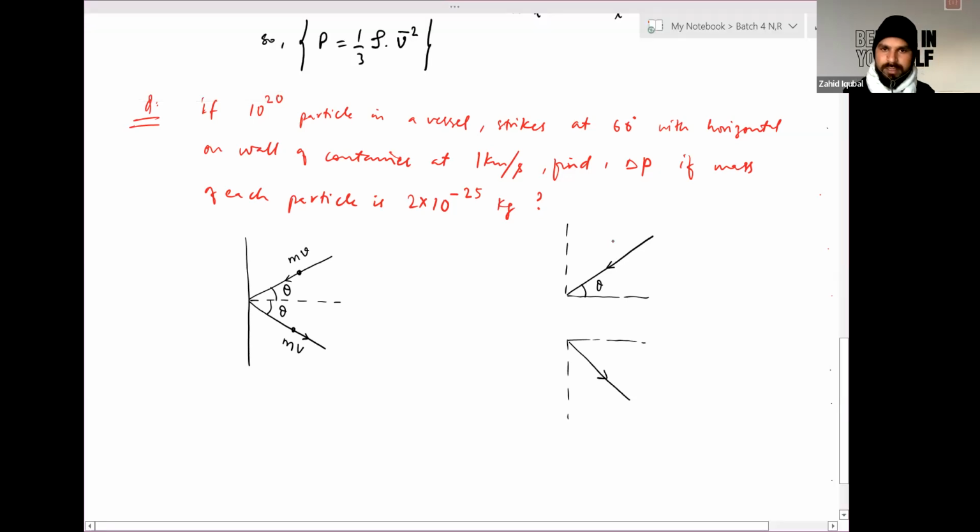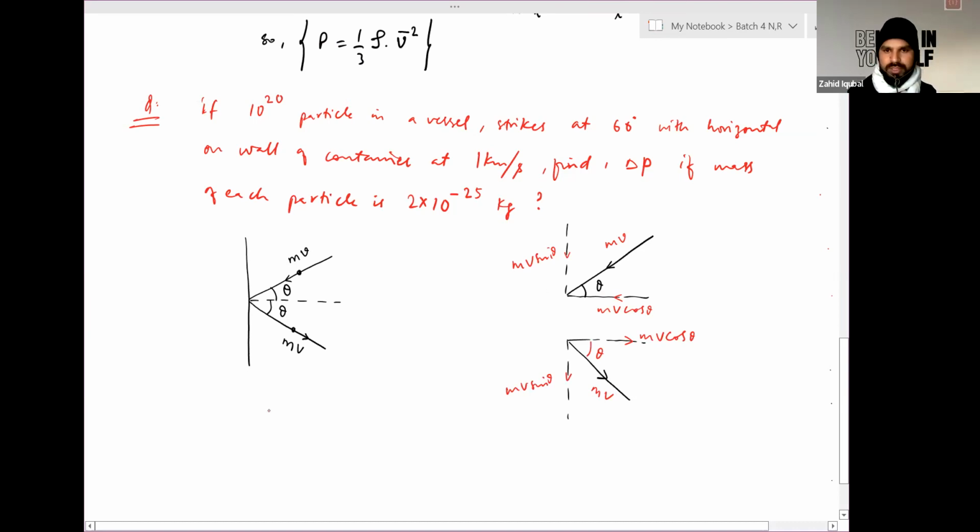So break the components of this. Initially the momentum along this direction, and on reflection, the momentum will be along this way. So for the initial part having momentum mv, it will have two components, mv cos theta and mv sin theta. On reflecting back, mv will have components along this direction, mv cos theta and mv sin theta. In the y direction, we have the same momentum and along the same direction, so the change in momentum will be 0.